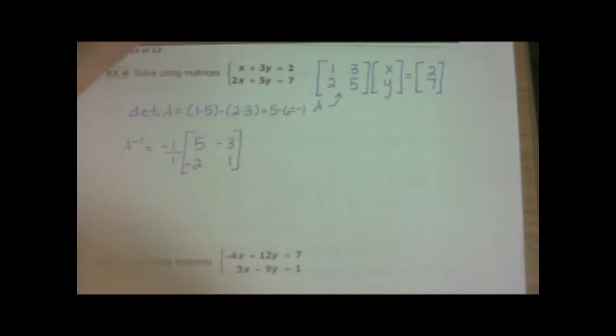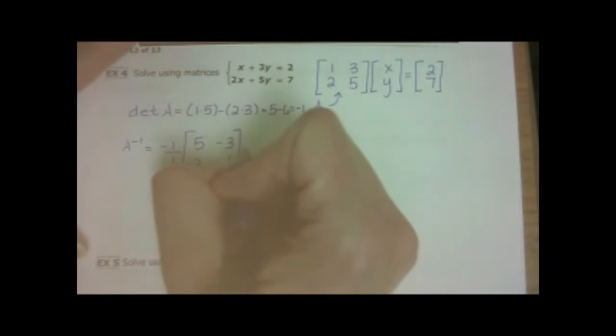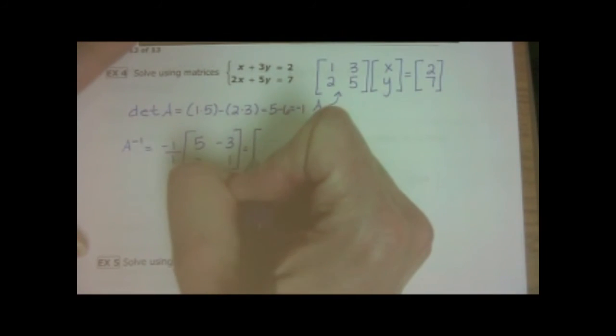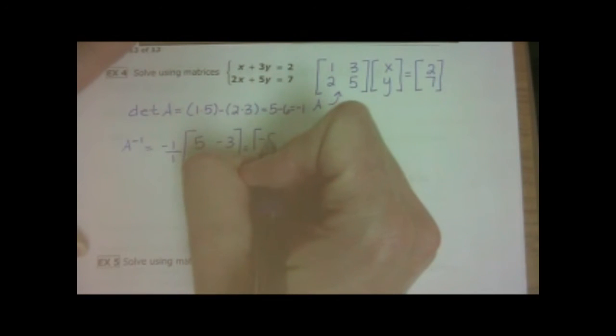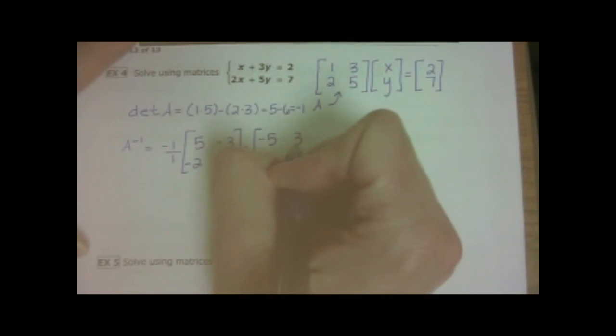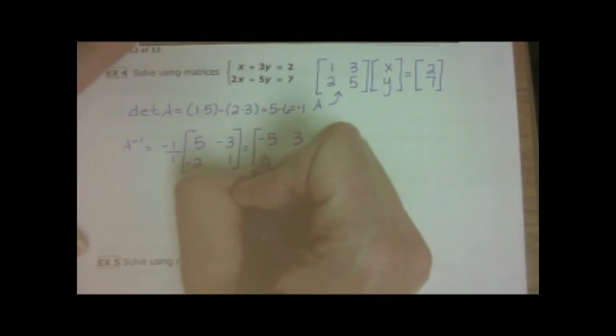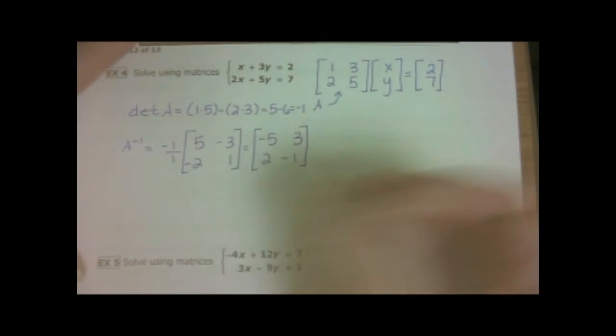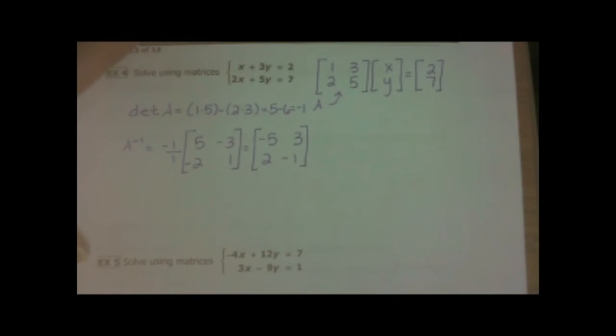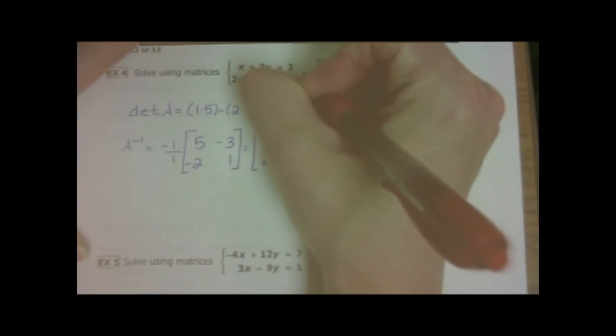And now we do our scalar multiplication, and this is going to give us -5, +3, +2, and -1. All right? So now, go back to our matrix equation and multiply both sides by A inverse.